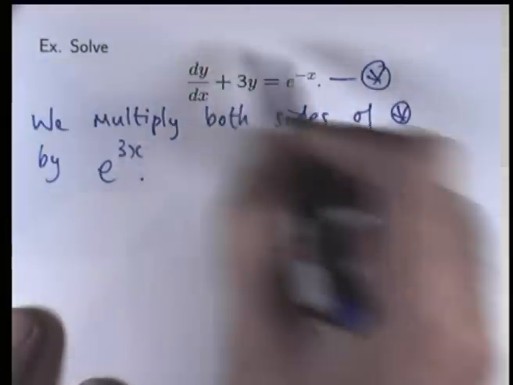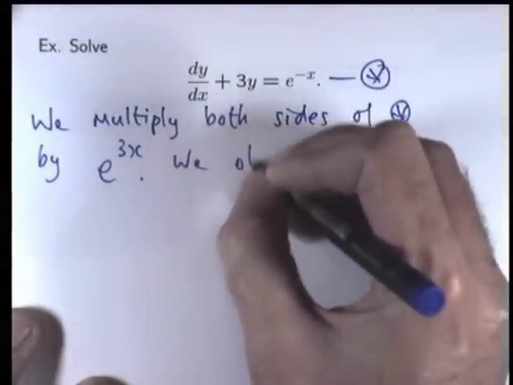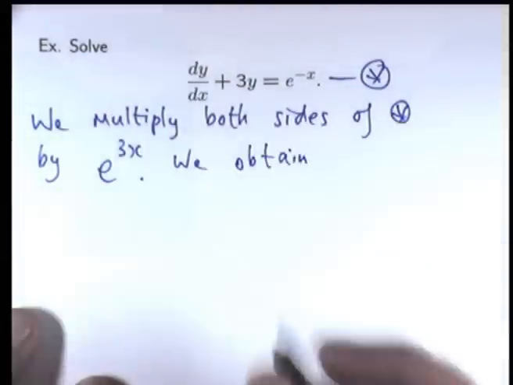Now, you may think, well, why e to the 3x? Why not something else? And why are we multiplying by that thing anyway? Well, just bear with me and we'll see where it comes from and why it's useful. All right, so if I multiply both sides by e to the 3x, we're going to obtain something like this.